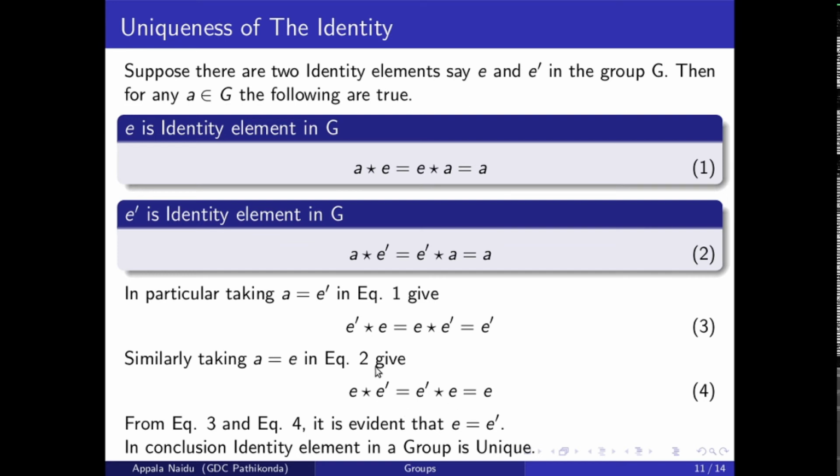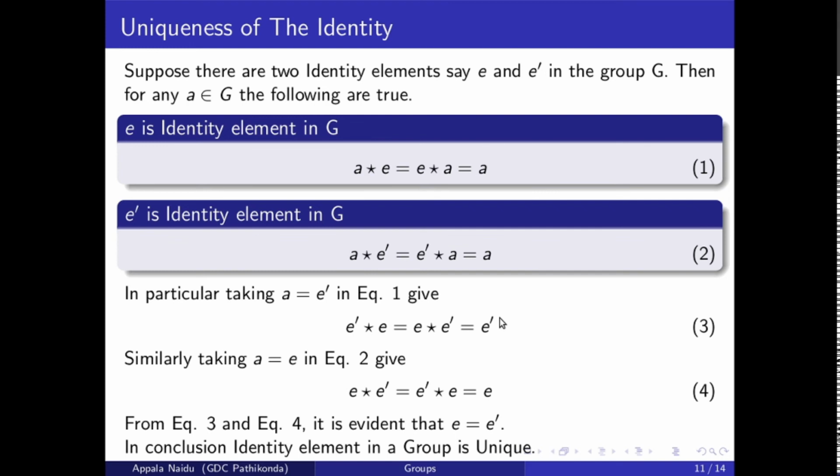Now from equation 3 and 4, e prime star e is equal to e prime and also equal to e. Since the left sides are the same, e prime has to be e. So what this says is that if there are two identity elements in the group G, they have to be same. So identity element in a group is unique.